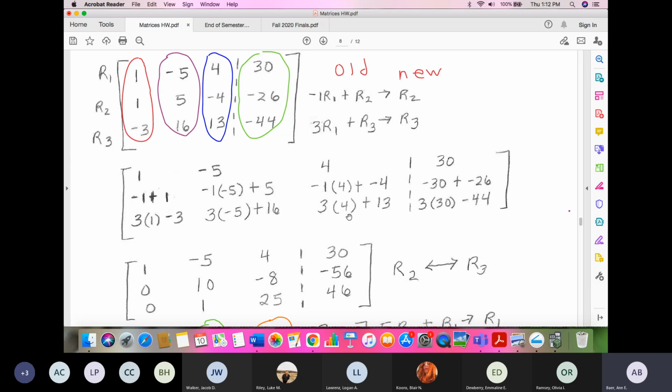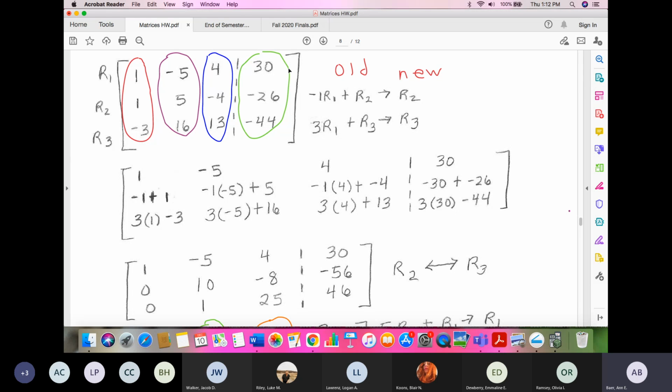Now let's do this. So that would be 3 times what's in row 1, 4, plus what's in row 3, 13.